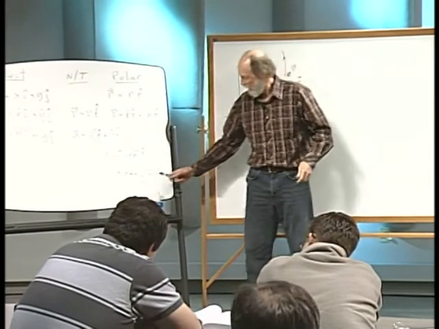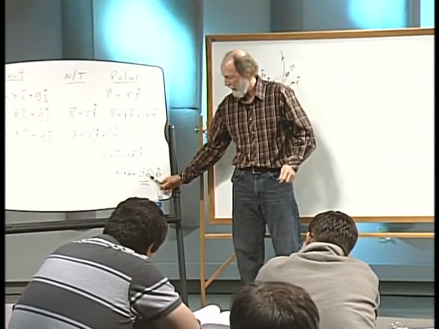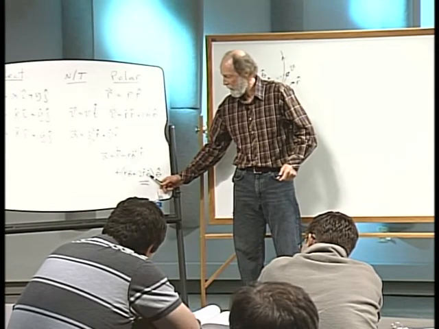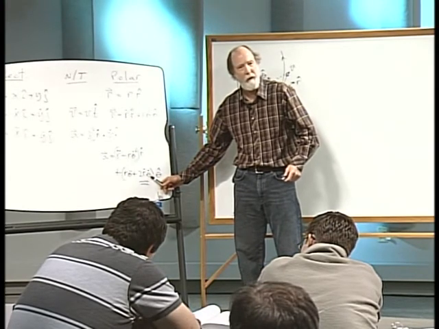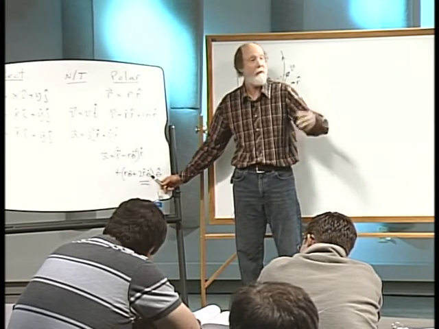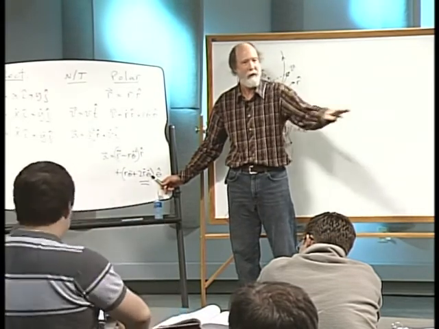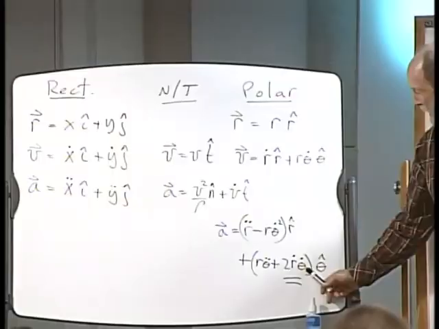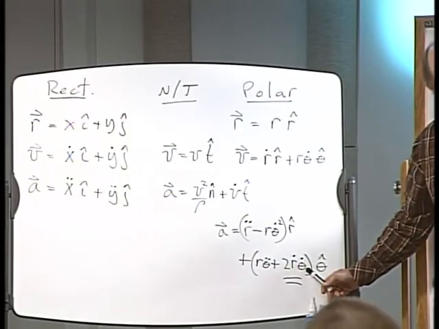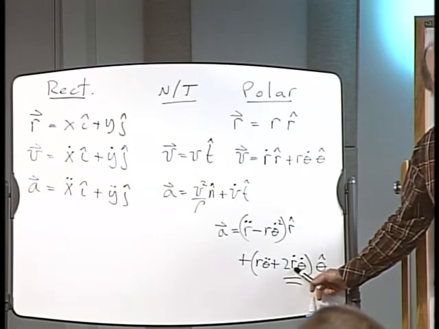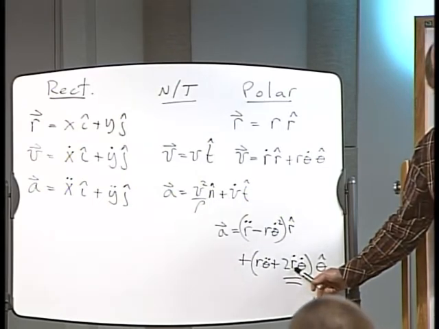Here's a hint that'll take you back to your physics experience. If you're on a rotating body, you're going to have some theta dot. If you're on, like, the Earth or a merry-go-round, you're on a rotating body. If you're on that rotating body and you've got some r dot, now r dot represents what?